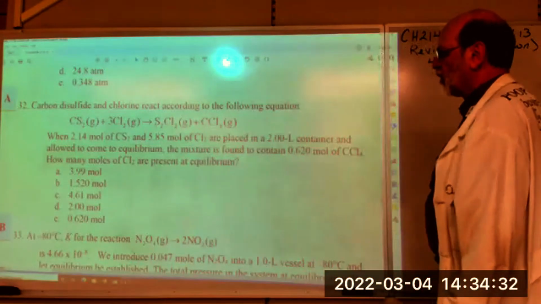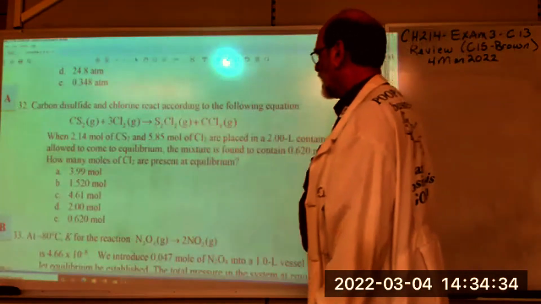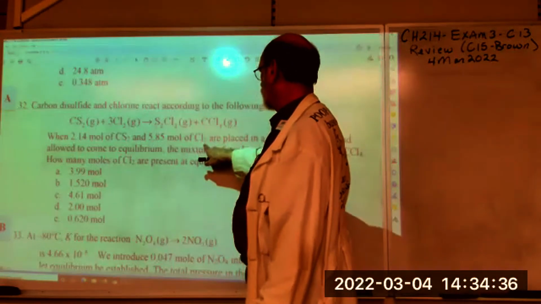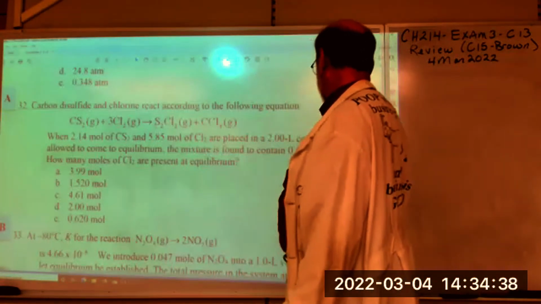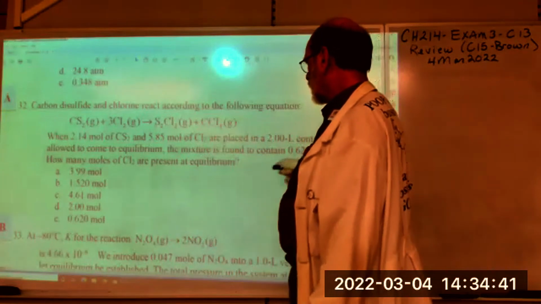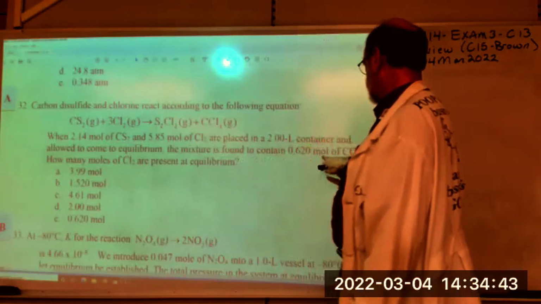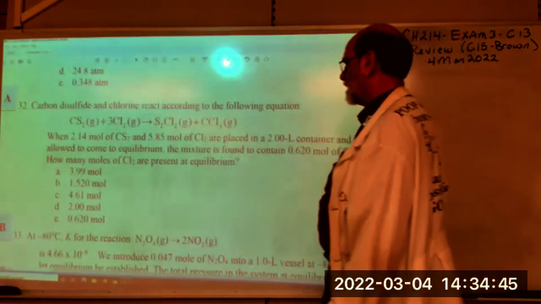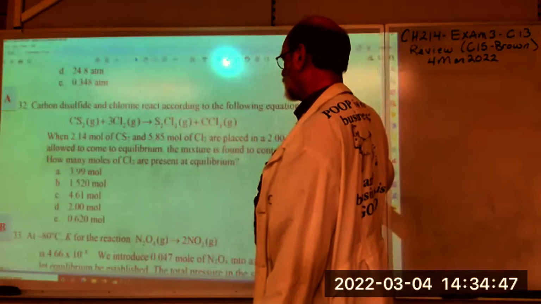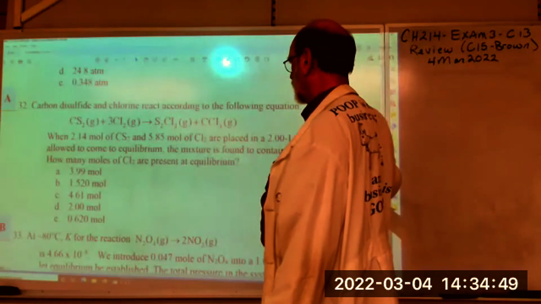When 2.14 moles of carbon disulfide and 5.85 moles of chlorine are placed in a 2-liter container, it comes to equilibrium, the mixture is found to contain 0.62 moles of carbon tetrachloride. How many moles of chlorine are present at equilibrium?